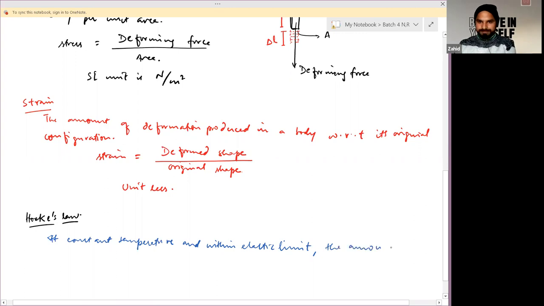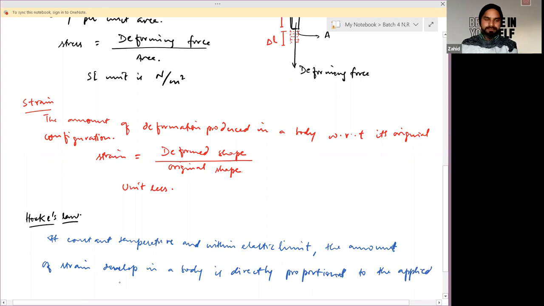So the amount of strain developed in a body is directly proportional to the applied stress.